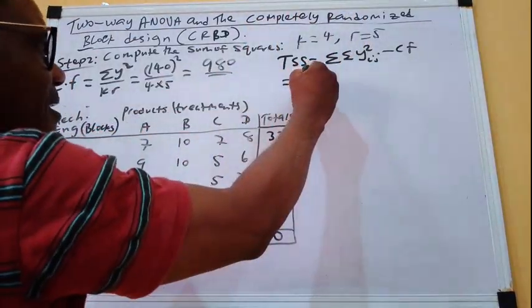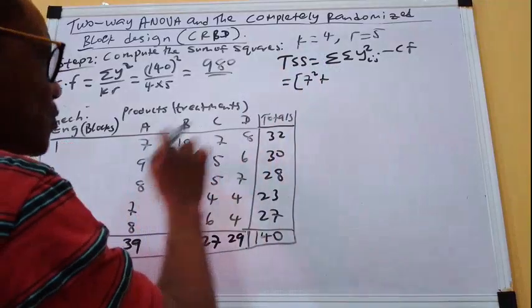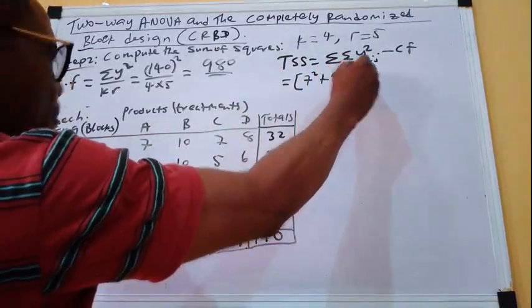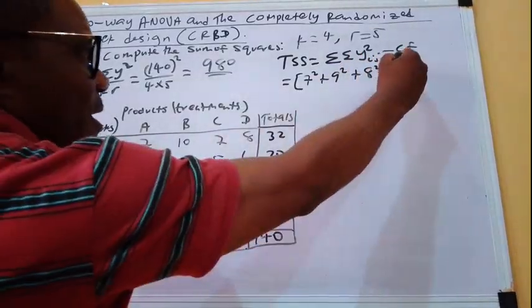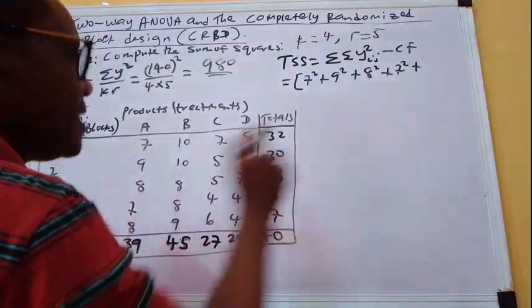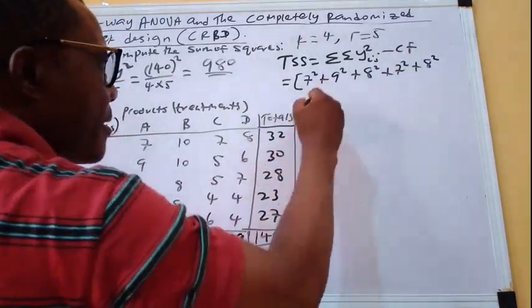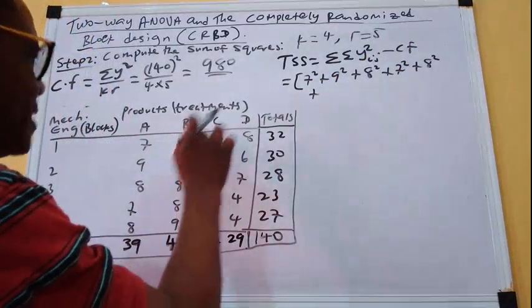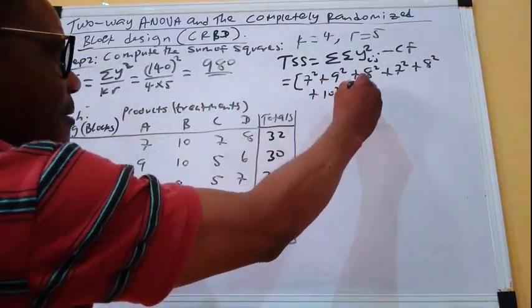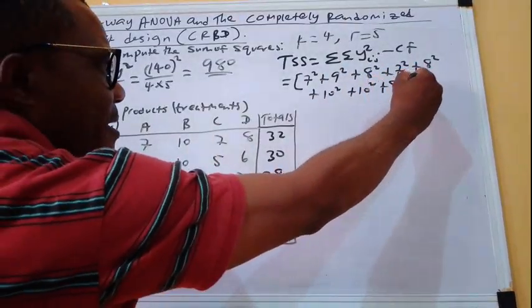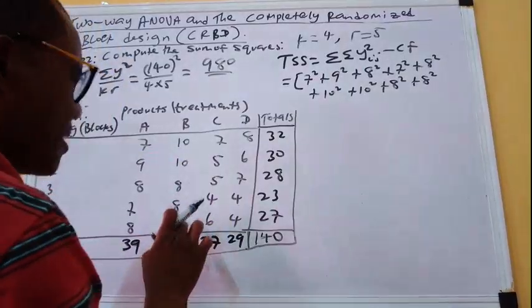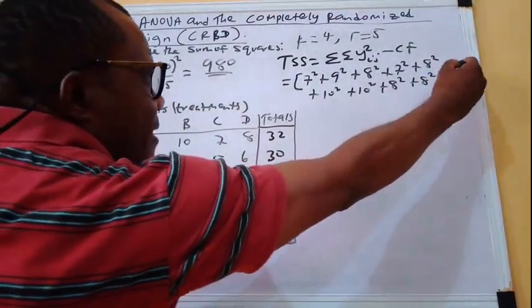So you start from here: 7 squared plus 9 squared plus 8 squared plus 7 squared plus 8 squared plus 10 squared plus 10 squared plus 8 squared plus 8 squared plus 9 squared.